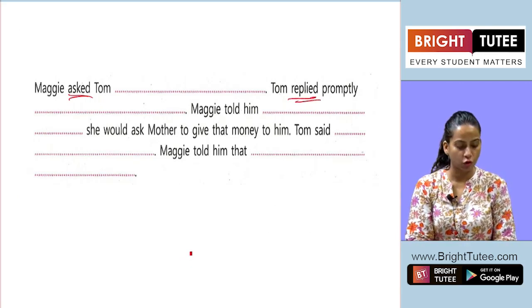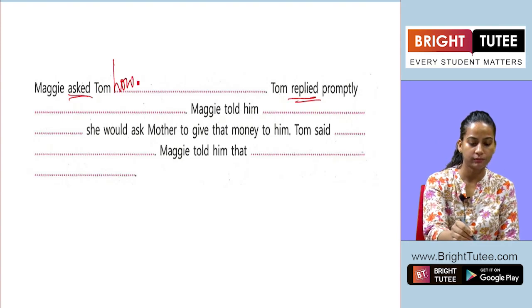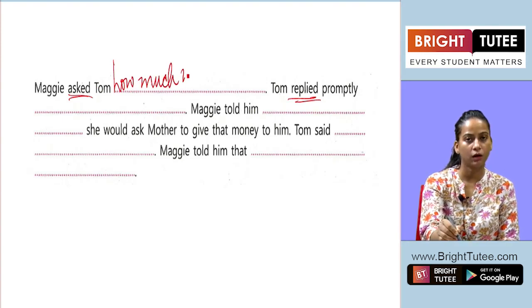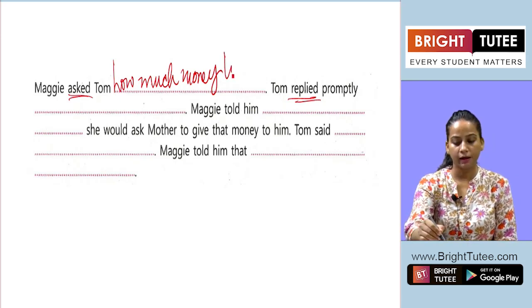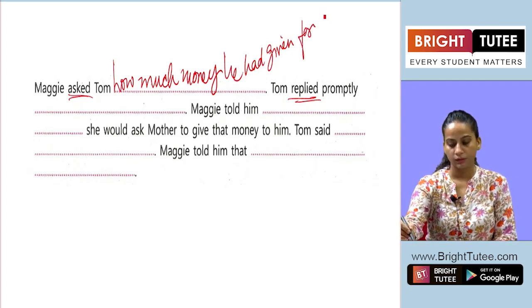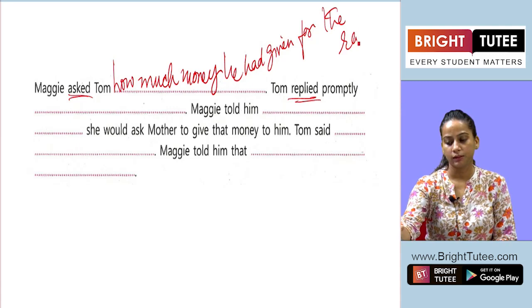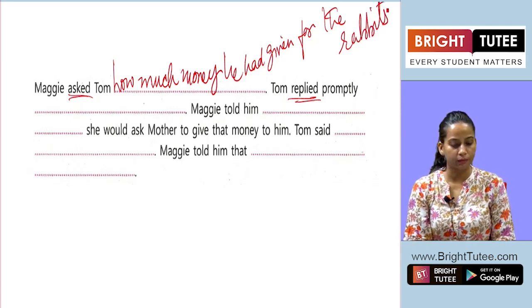Maggie asked Tom how much money he had given for the rabbits. Tom replied promptly.